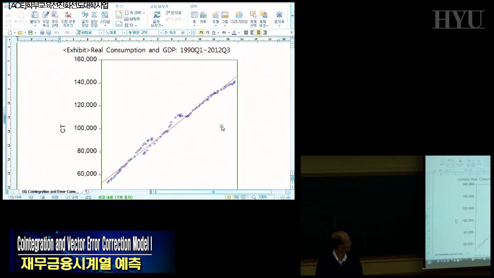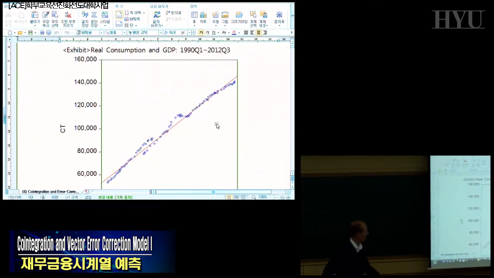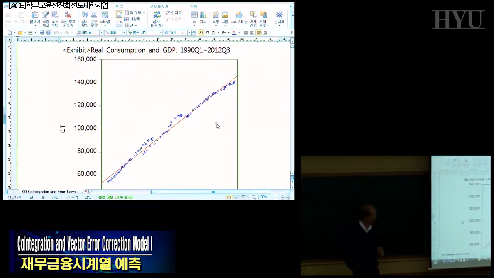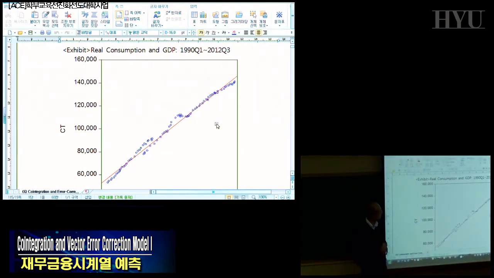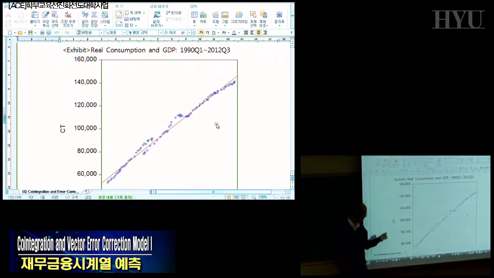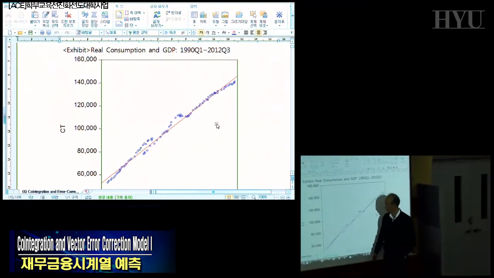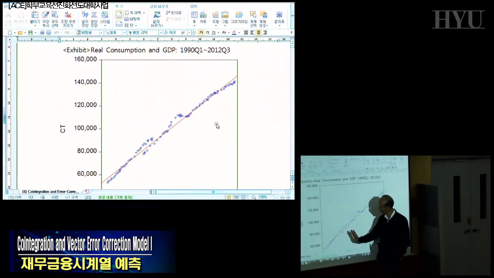And this plot may give you some motivation. First, these are quarterly data, consumption and GDP. Vector autoregressive model is actually modeling this change, and this change.